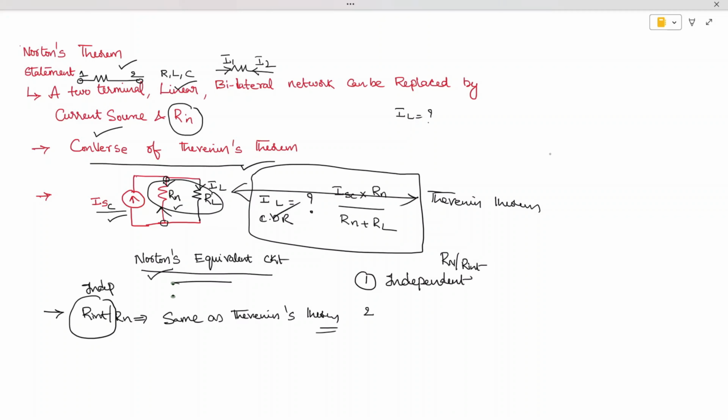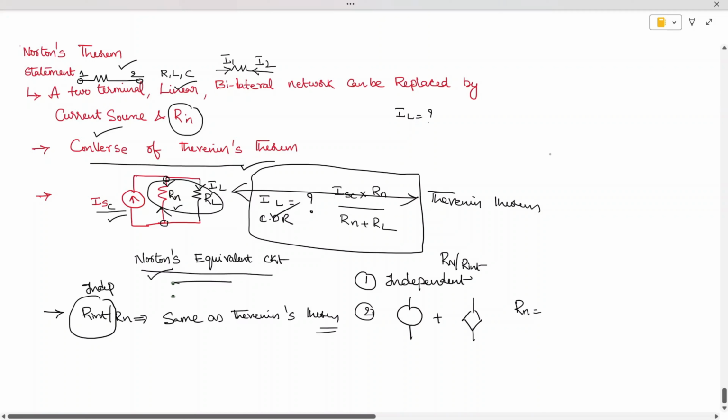The second one is when you have dependent sources as well as independent sources. So we have the formula: R Norton is equal to, first we find VOC and then we find ISC, and then we can find R Norton. The third procedure is when we have only dependent types of sources.